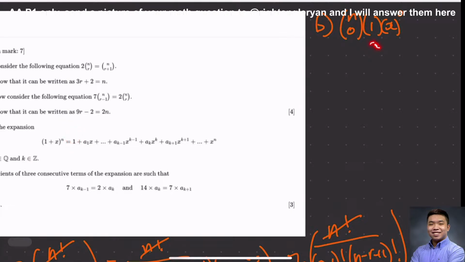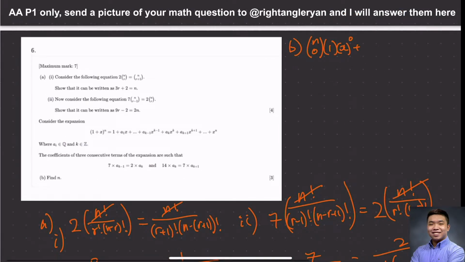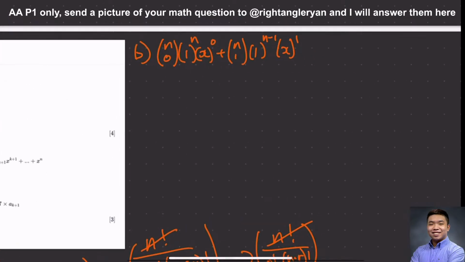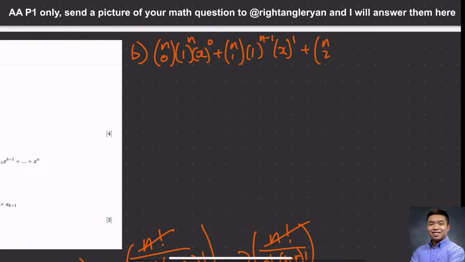So I know that must be the first term. So if I expand it, it's going to be like this, and then plus n choose 1, and I have 1 to the, oh, this will be n, right? So this will be n minus 1, x to the 1, plus n choose 2, 1 to the n minus 2, x squared, and then dot, dot, dot, okay?